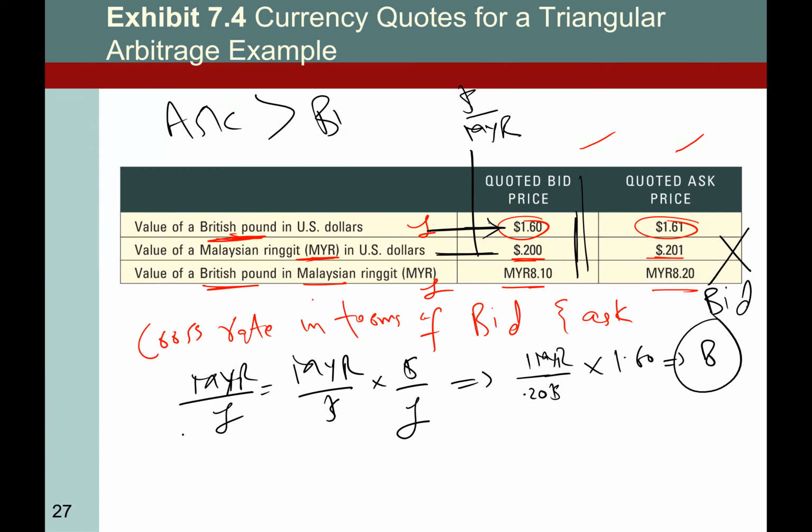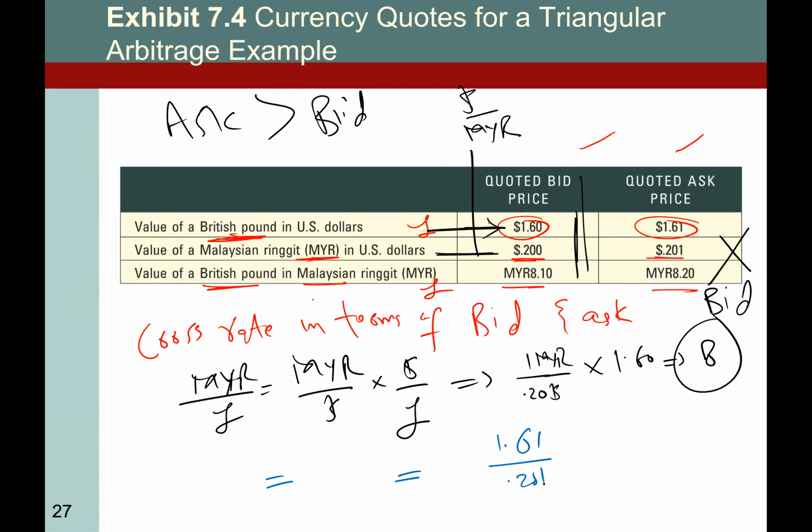So let's talk about the cross exchange rate based on ask. Let me change the color here. Here we go. So if we talk about the ask rate, here we could find 1.61 divided by 0.201. What is the answer here? Let me just calculate. 1.61 divided by 0.201.